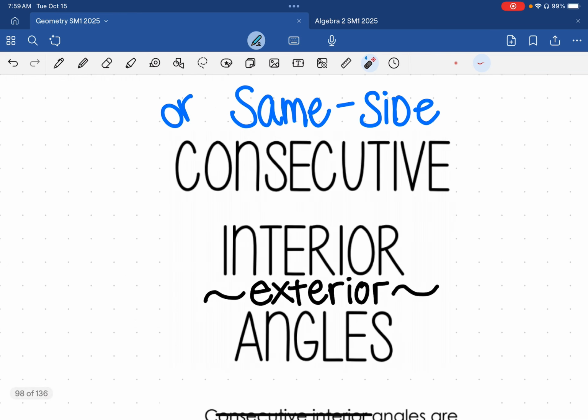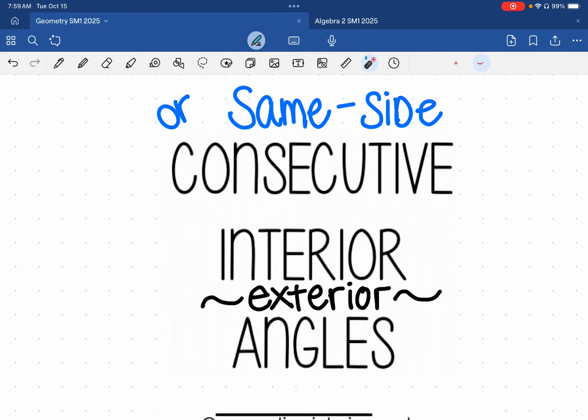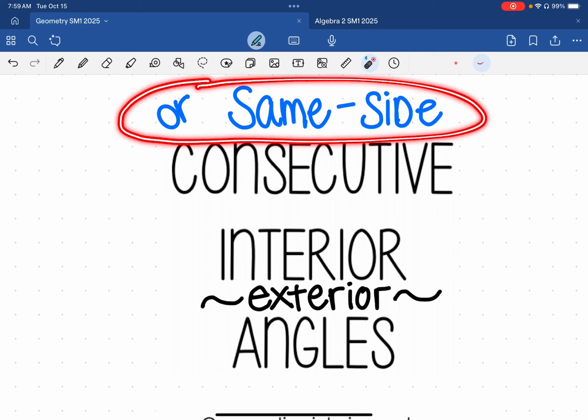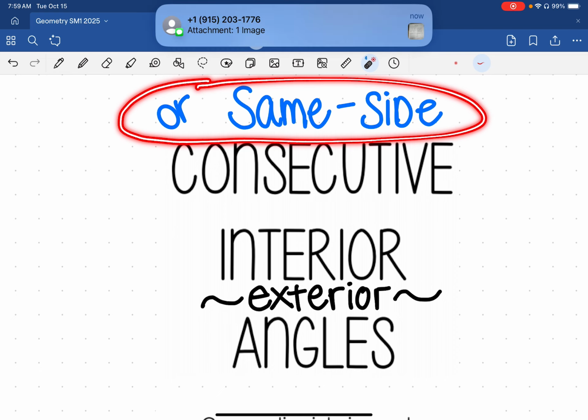All right, let's go ahead and start with the consecutive interior angles. The first thing I would like you to do is add this to the top, because sometimes consecutive angles are called same side angles.